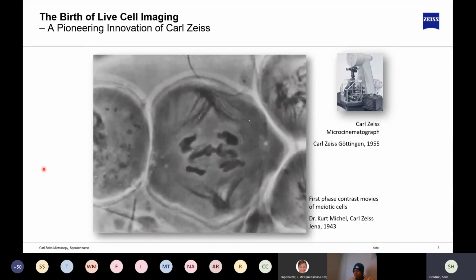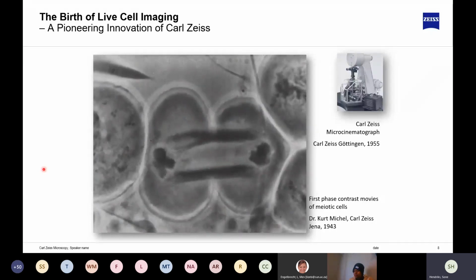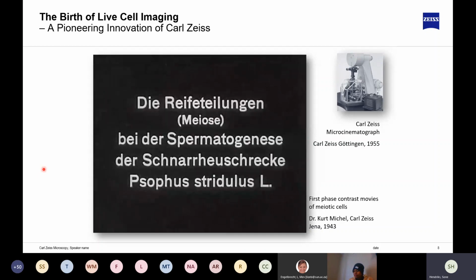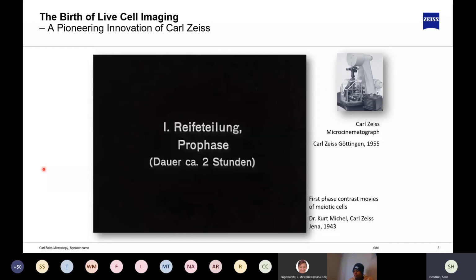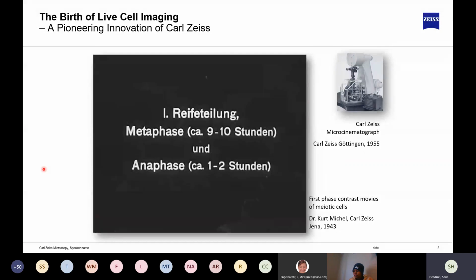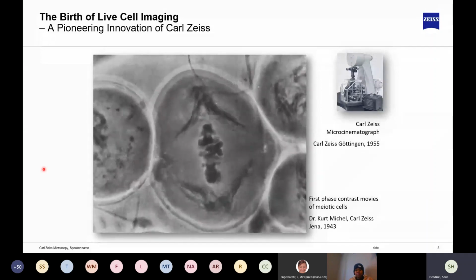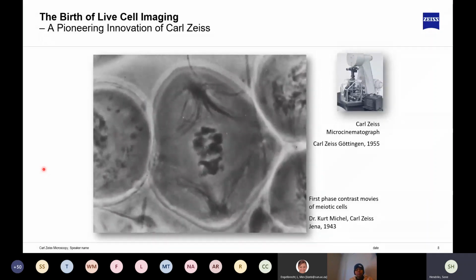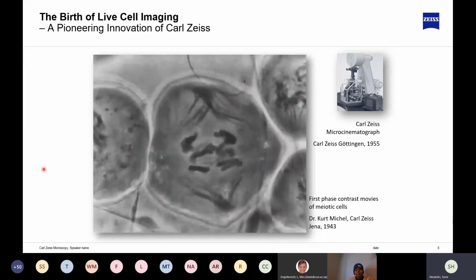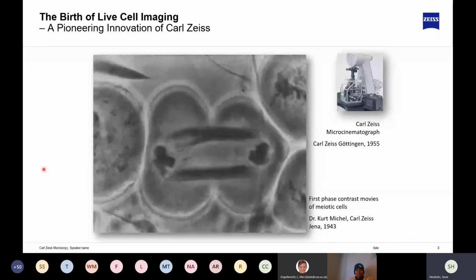So I get quite excited and emotional because I'm a biologist, and when I see even early footage of cells dividing, I get this very warm, fuzzy feeling in my stomach because this is exciting research. We could have done this 50, 60 years ago already, but with some advances now, we're much further into what is possible with microscopy.